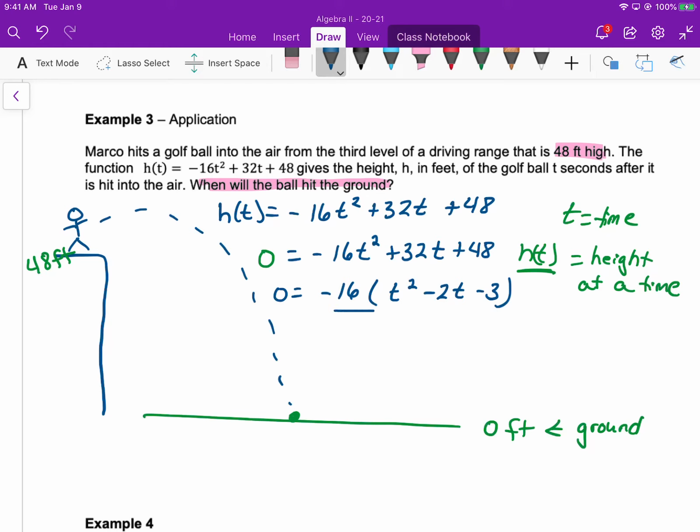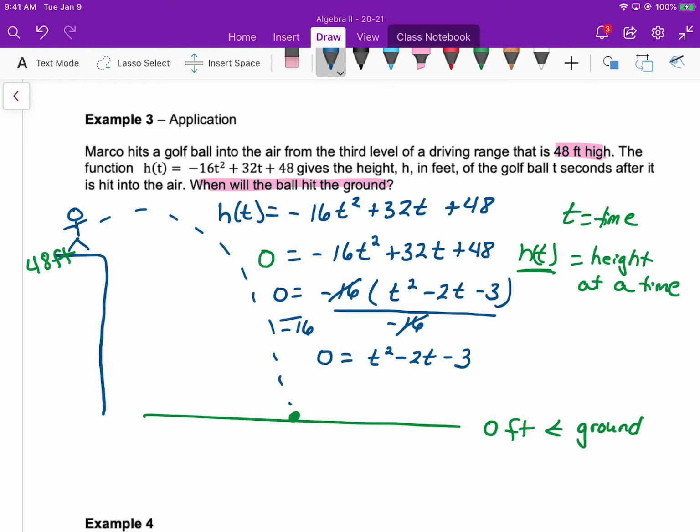I can divide each side by negative 16, and I'll show you why it's going to disappear. They'll cancel out if I divide, and then 0 divided by negative 16 will be 0, so 0 equals t squared minus 2t minus 3. And now I have a quadratic I can factor.